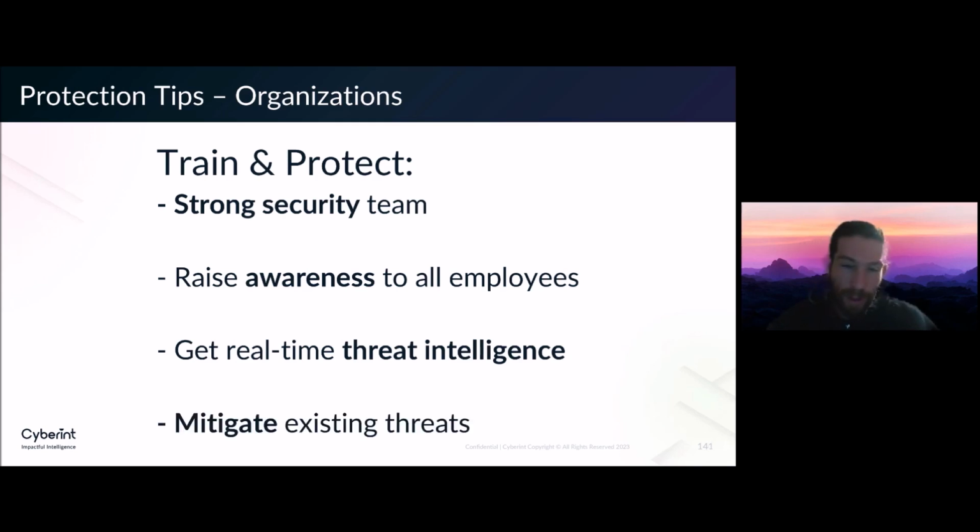And of course, it's important to mitigate existing threats. So once you actually find a phishing website that is targeting your organization or your employees or your customers, take it down. Take down the fake phishing website, take down the fake social media accounts. Usually scammers and bad guys will go to the next target once they see this organization is well protected and everything they put up gets taken down.